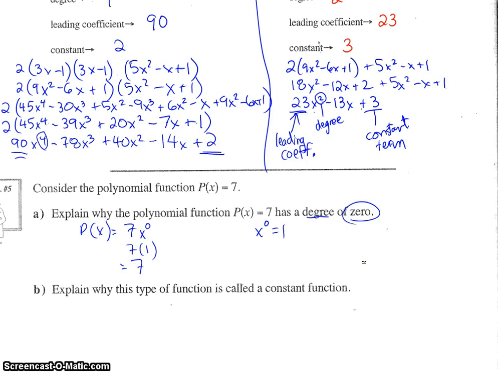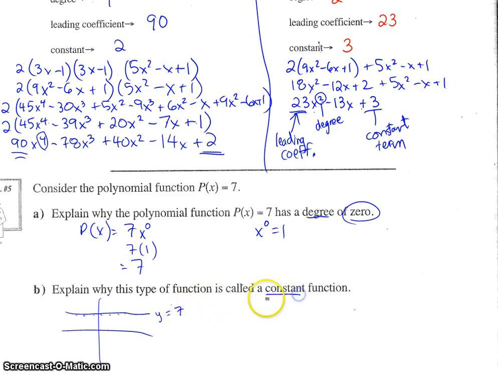Explain why this type of function is called a constant function. If you were to graph p of x equals 7, you would get a horizontal line at y equals 7. No matter what value of x on that line, the y value stays constant at 7.